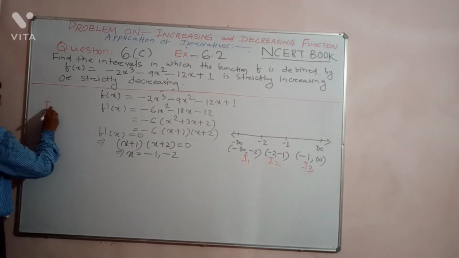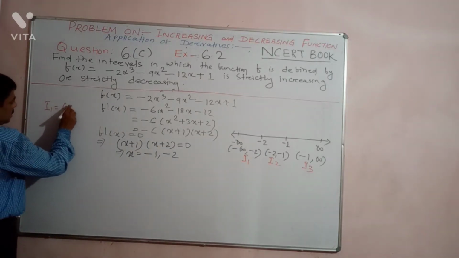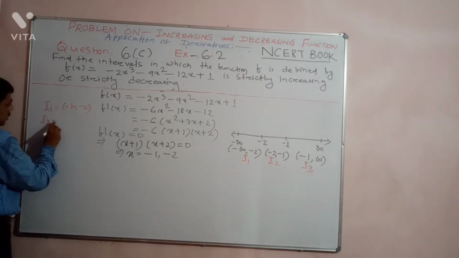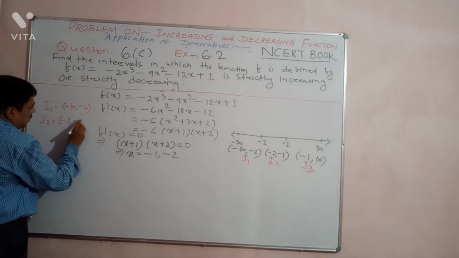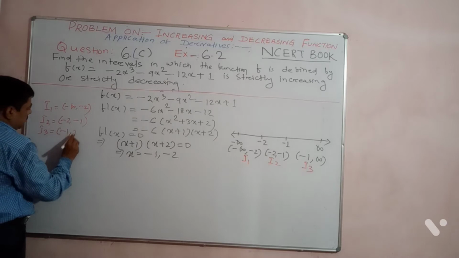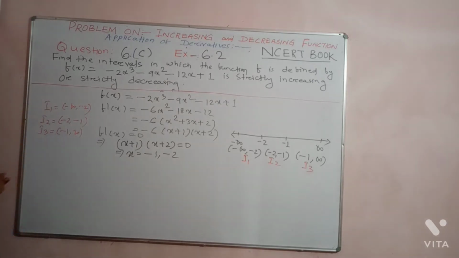Here I1, the first interval, is minus infinity to -2, the second interval I2 is -2 to -1, and the third interval is -1 to infinity. Let's see in which interval the function is strictly increasing or strictly decreasing.